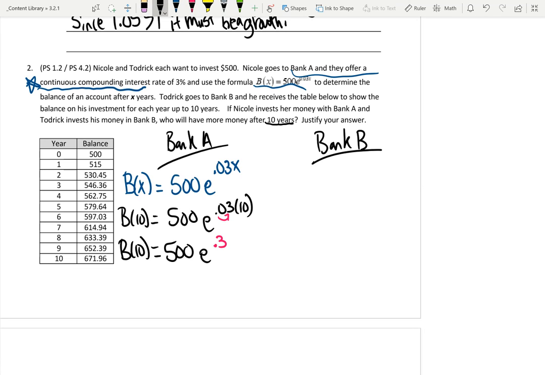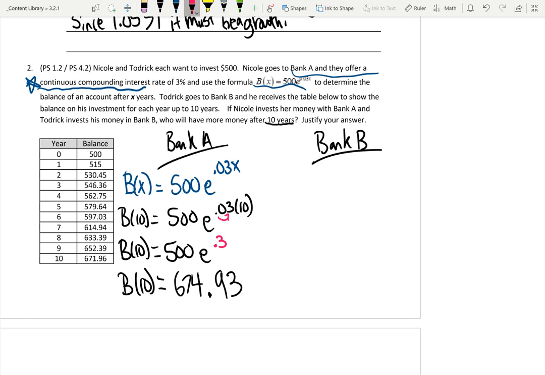This isn't necessarily necessary, but it helps you just be cleaner about it. So I'm going to plug in 500 times e to the 0.3 power, and I'm going to get 674. Now I do have to round it because it's money, so it's going to be 93 cents.